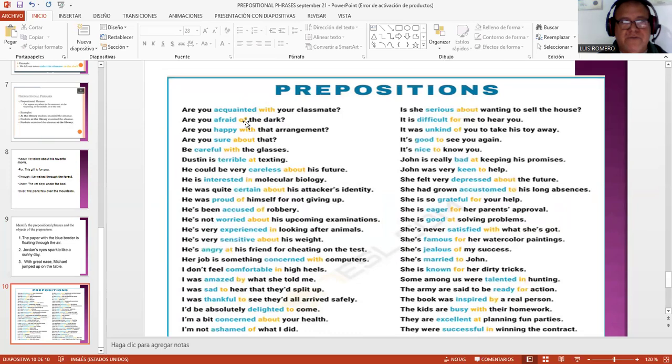Just concentrate on the preposition, which is in yellow, and the information in black, which corresponds to the noun or the object of the preposition. Forget about the blue words. Those are adjectives: famous, jealous, married, inspired, busy, excellent, successful. Most of them are adjectives.